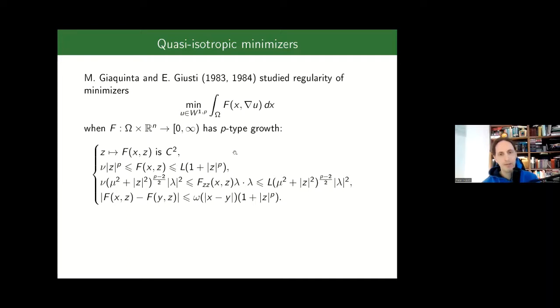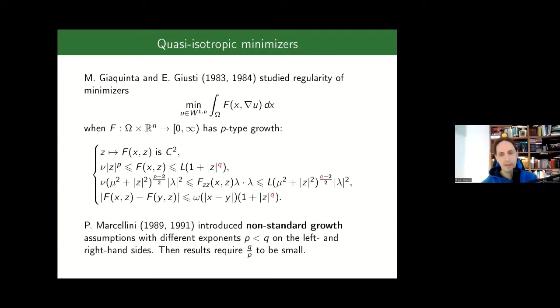And one approach is using this kind of structure conditions approached by Giaquinta and Giusti. So f is bounded from below and from above by this kind of p growth, and likewise its second derivative. And then in the x direction, we have some modulus of continuity.